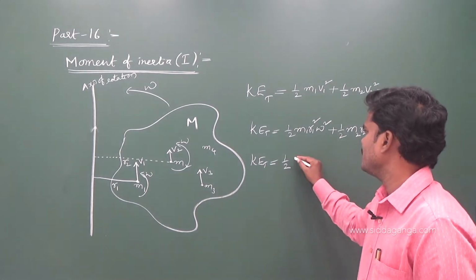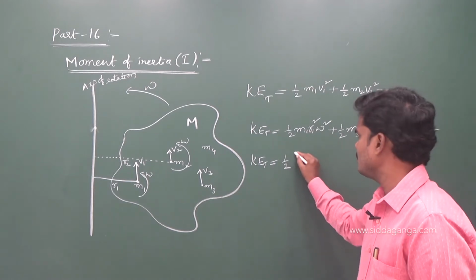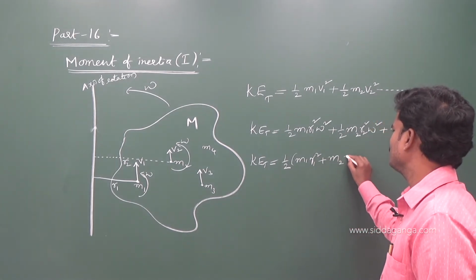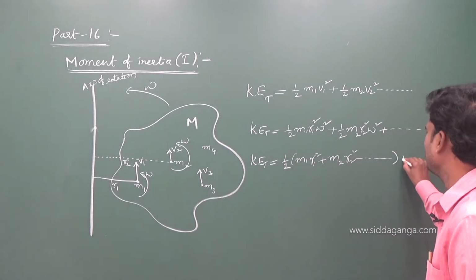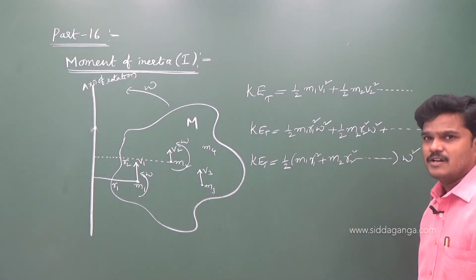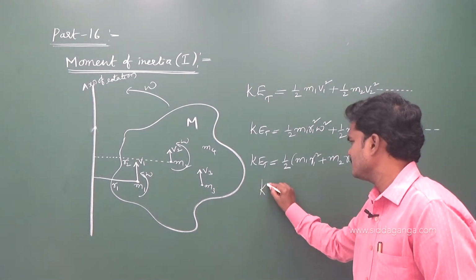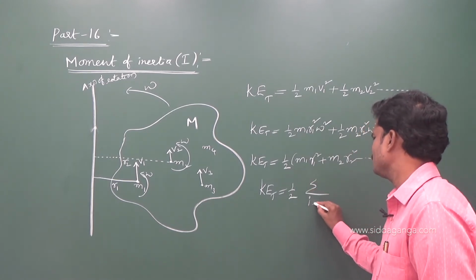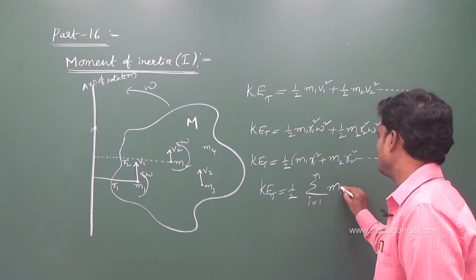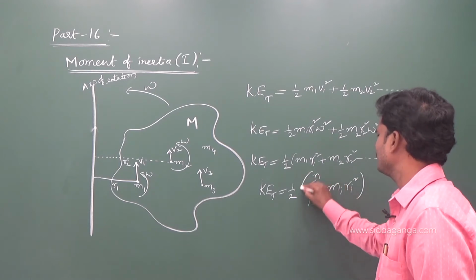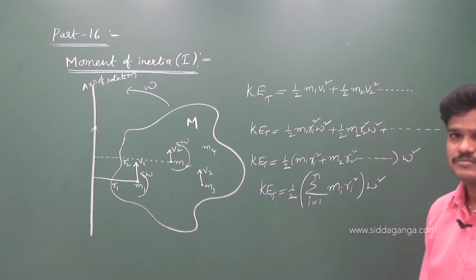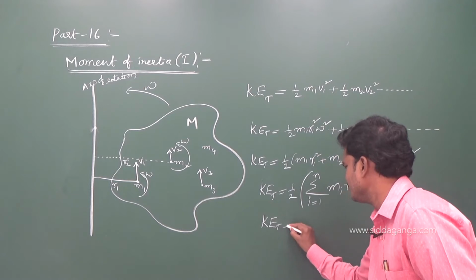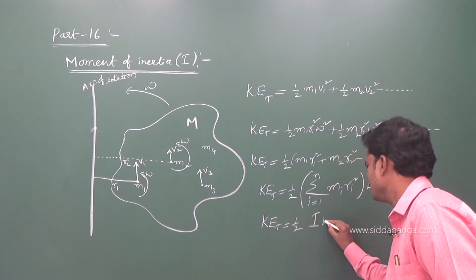Let me take half omega square as common: m1 r1 square plus m2 r2 square, and so on, into omega square. That is, summation of i equal to 1 to n of mi ri square into omega square, and this quantity we can replace as half capital I omega square.